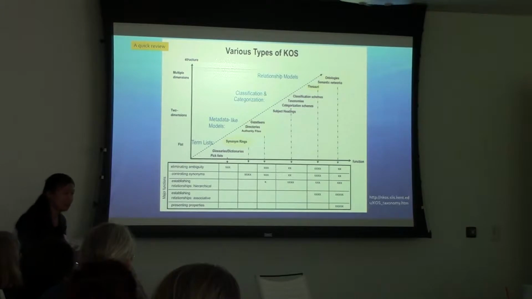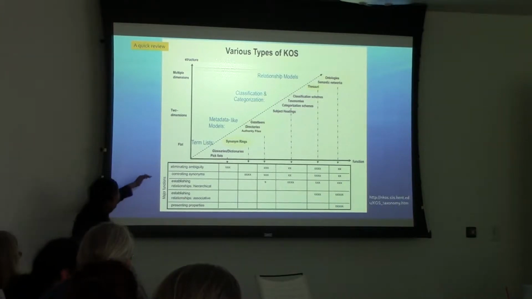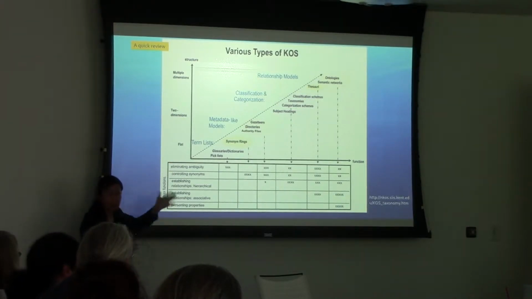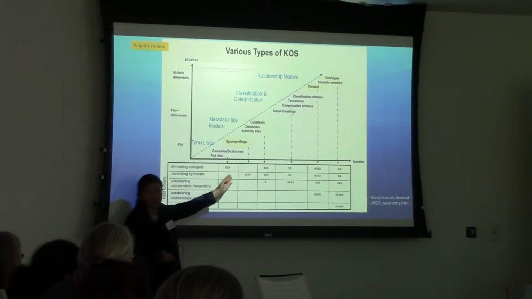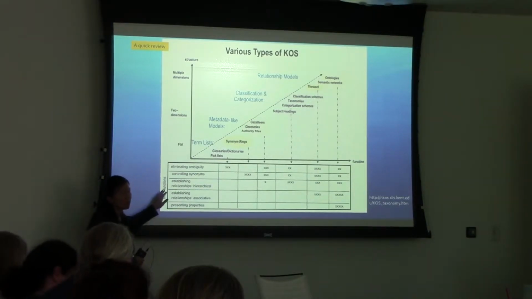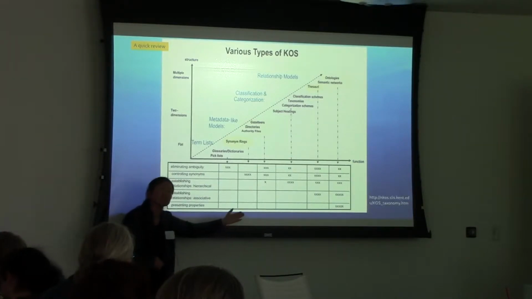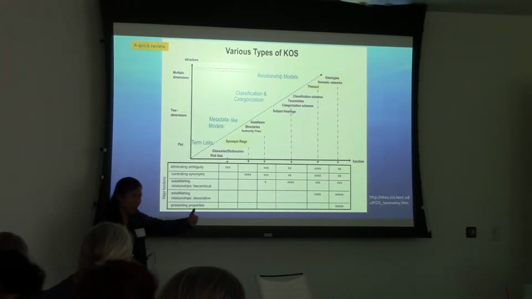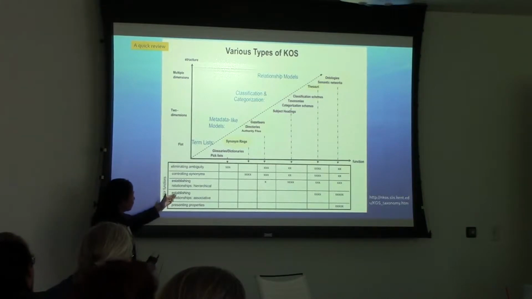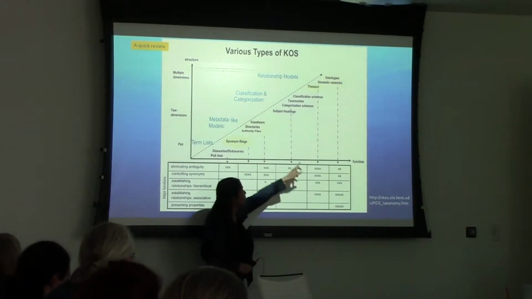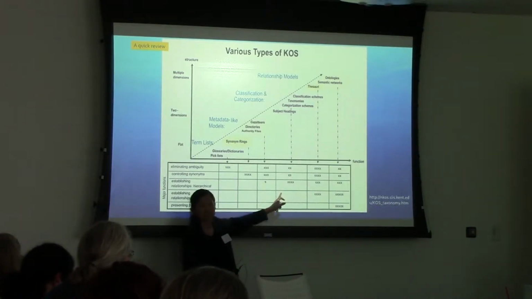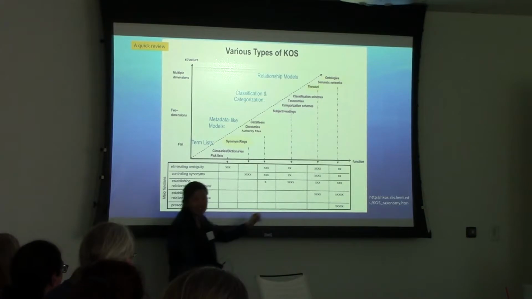So there are different functionalities. Some are just eliminating ambiguity, making things clear, like a glossary or pick list. Some want to show the hierarchical relationship. And some want to show the associative relationship. That is how thesauri are more than just classification.